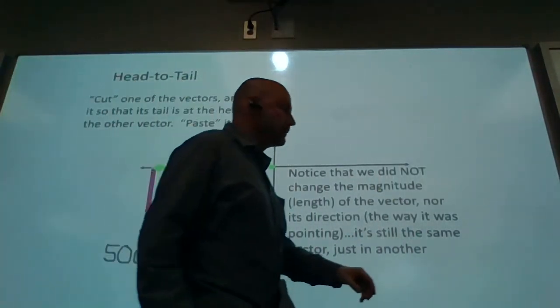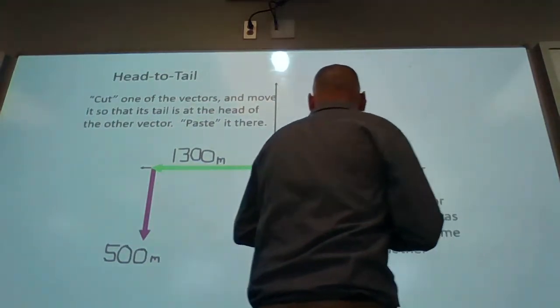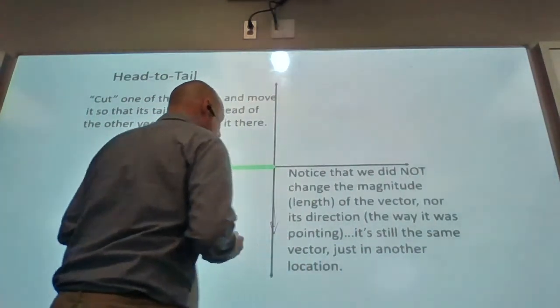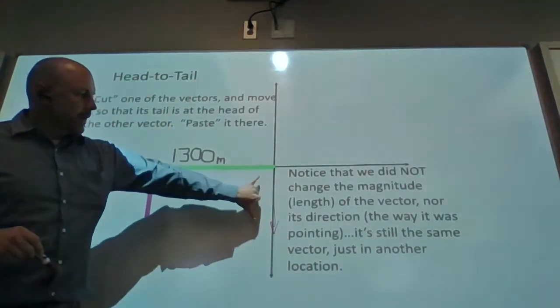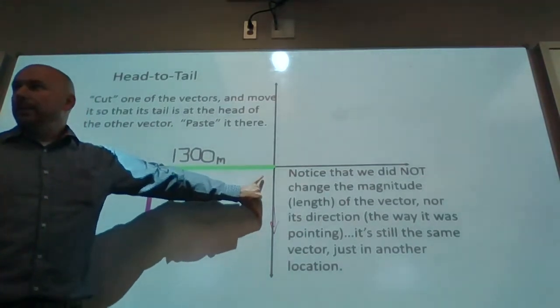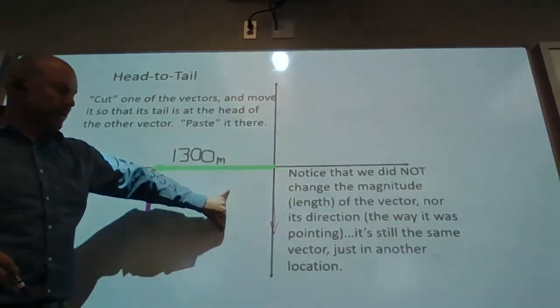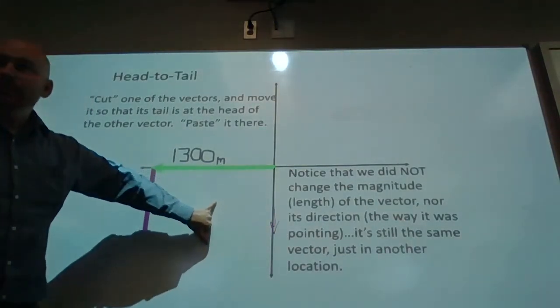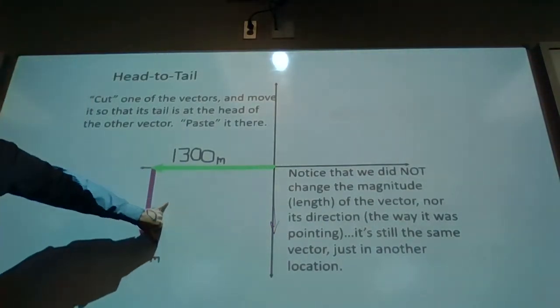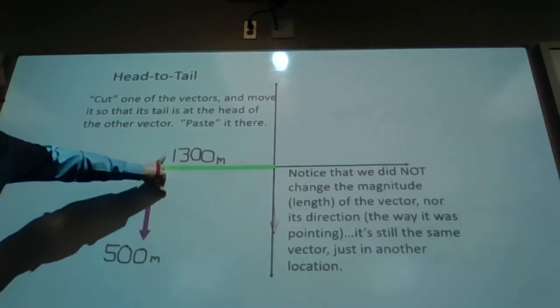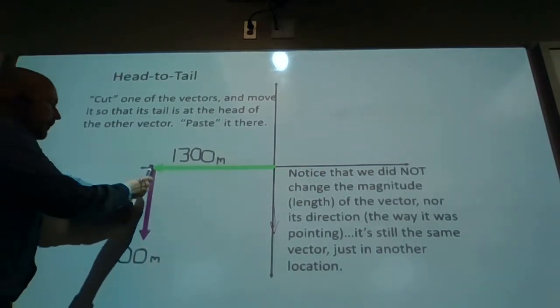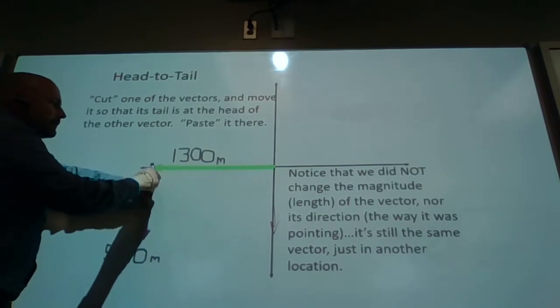It was over here. Sometimes I like to refer to this as cutting and pasting. So I'm taking this and moving this. Notice I'm not changing the way it's pointing, nor am I changing the length of that, the magnitude. I'm just moving it so that the tail of this is at the head of that one.